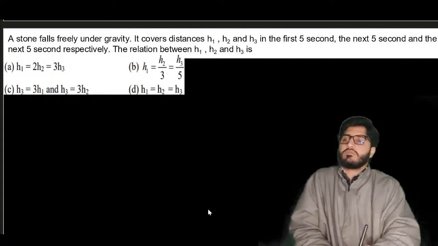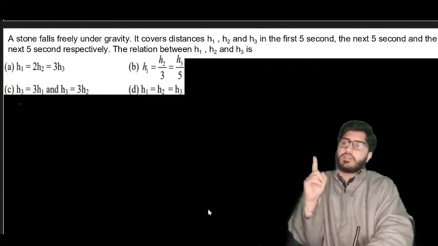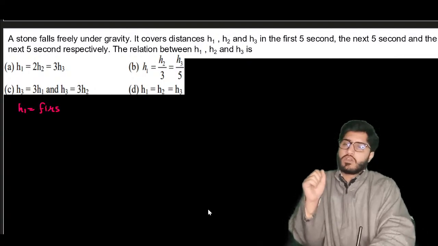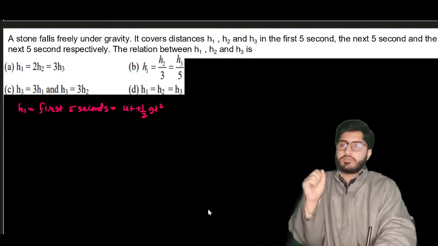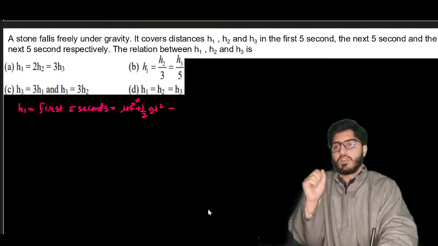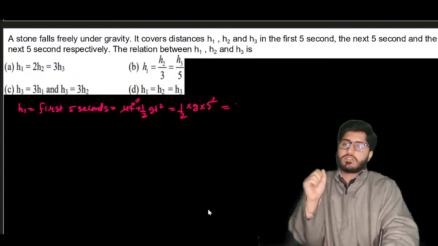How much distance does the particle travel in the first 5 seconds? h1 is ut plus 1/2 gt square. That is 0 plus 1 by 2 into g into 5 square. So it is 25 g by 2.